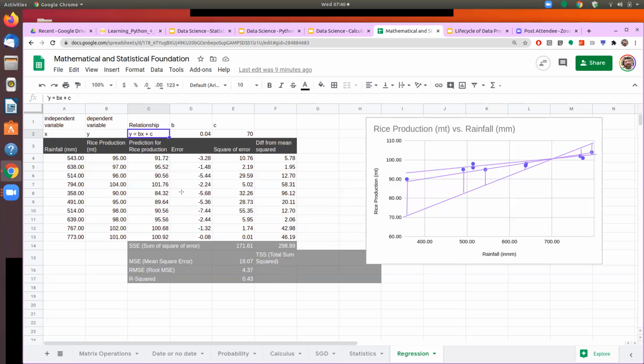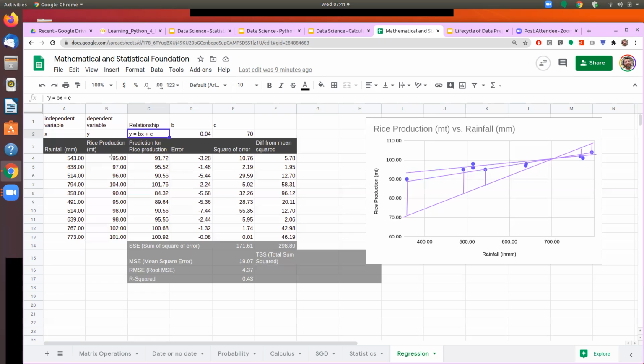So if you see, the dependent variable is also going on changing. It means there is some variation in the dependent variable. So how much of that variation is actually explained by my estimation?